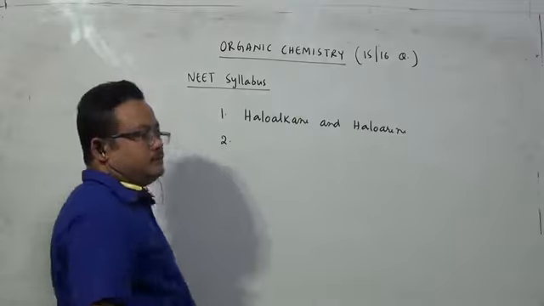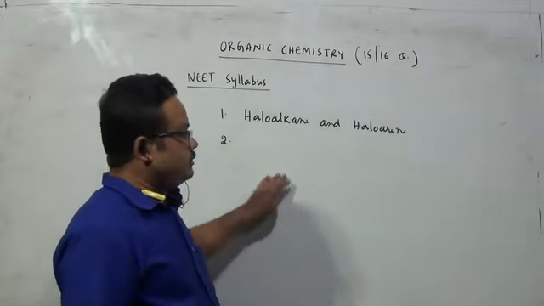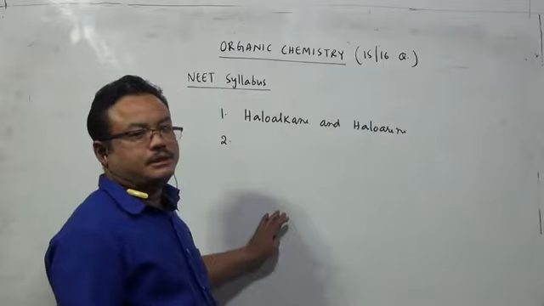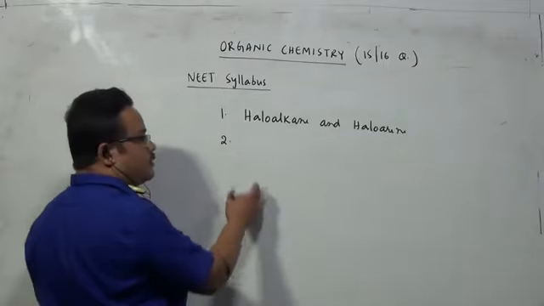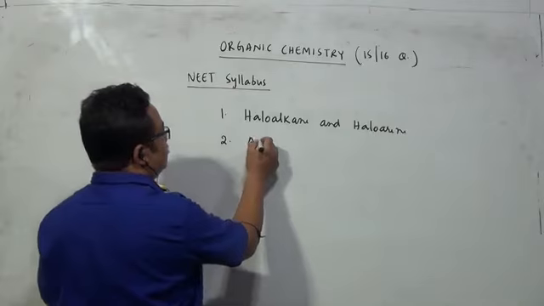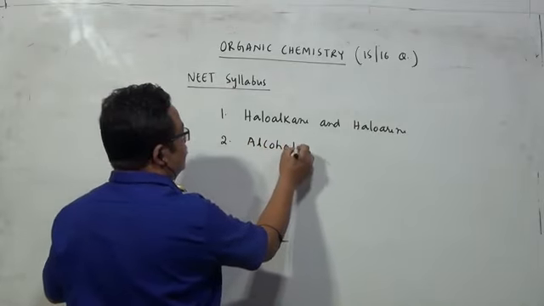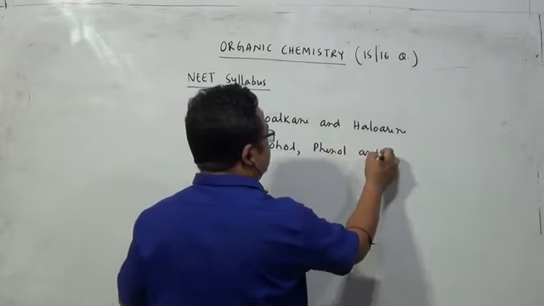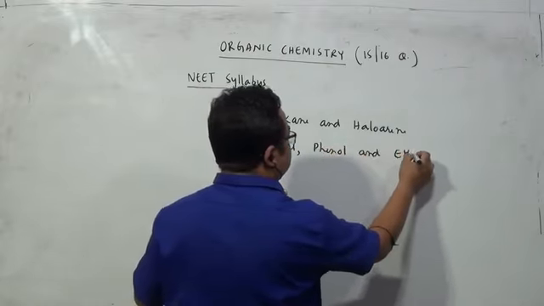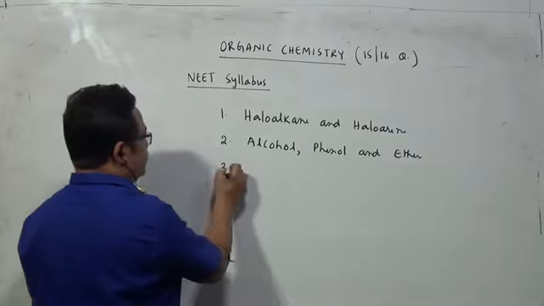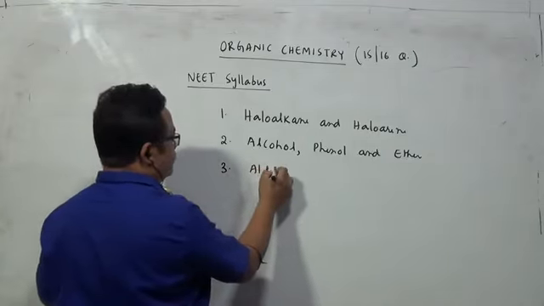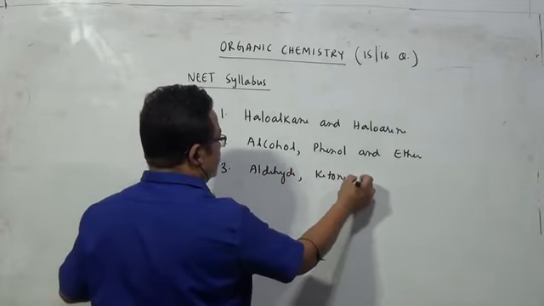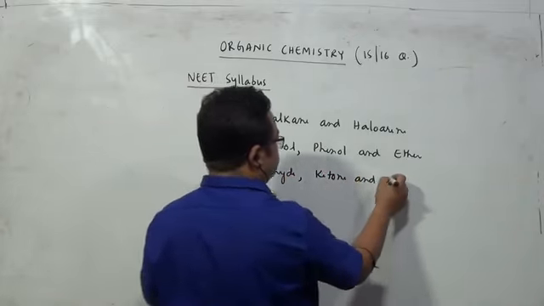Important chapters in the sequence, then we write alcohol, phenol, aldehyde, ketone, and carboxylic acid.